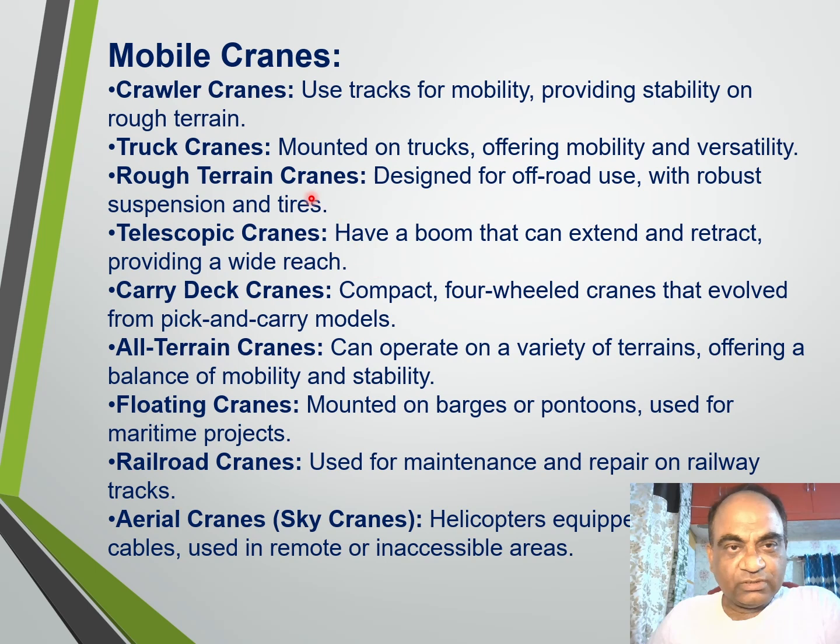Mobile cranes are crawler cranes, truck cranes, rough terrain cranes, telescopic cranes, carry deck cranes, all-terrain cranes, floating cranes for submarine usage, railroad cranes, and aerial cranes or sky cranes, like helicopter equipment with cables used for moving loads from one place to another.